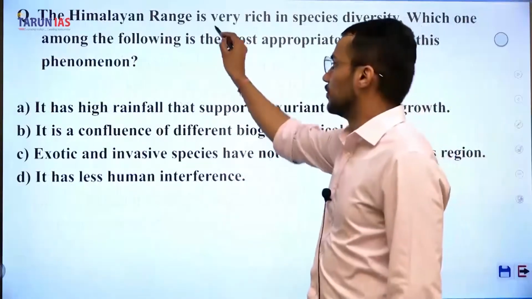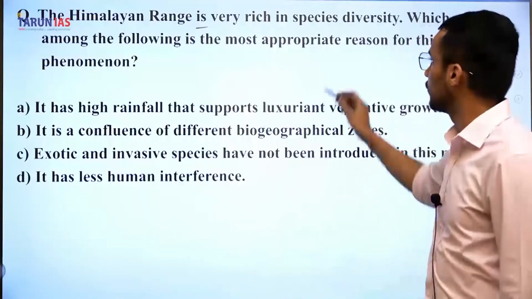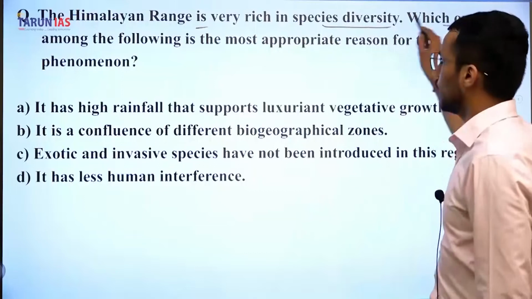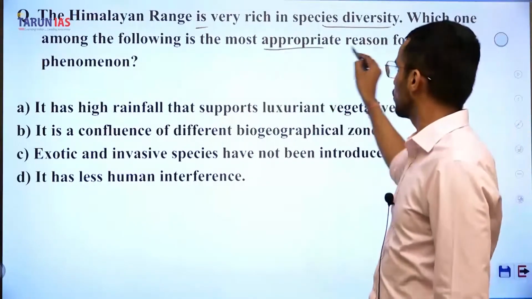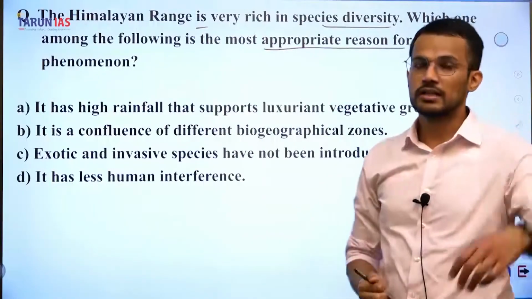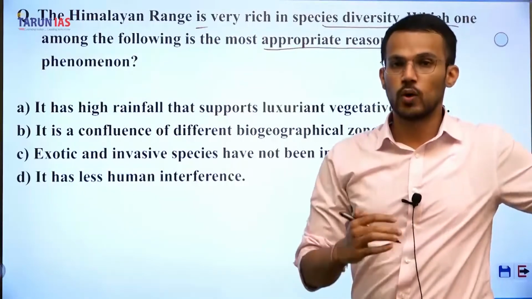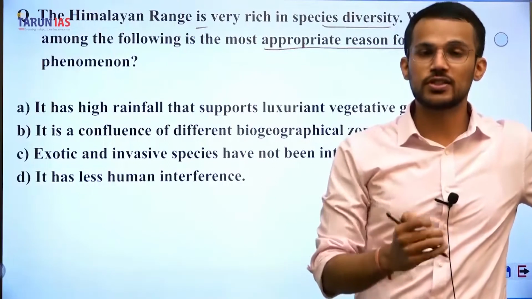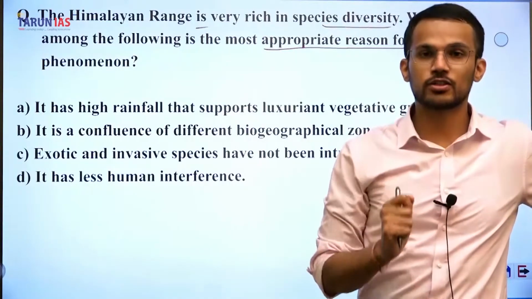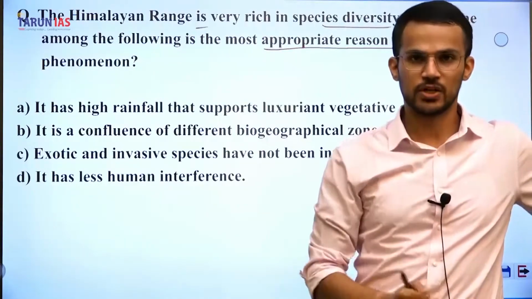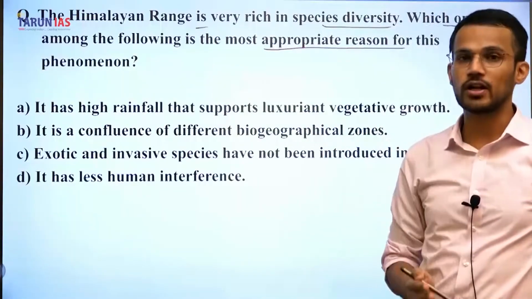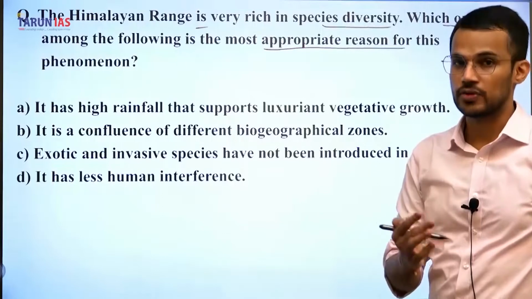The Himalayan range is very rich in species diversity. Which one among the following is the most appropriate reason for this phenomenon? So why Himalayan range is rich in species diversity? We are supposed to identify the reason. So let us discuss these options one by one and let us try to find out what is the correct reason.